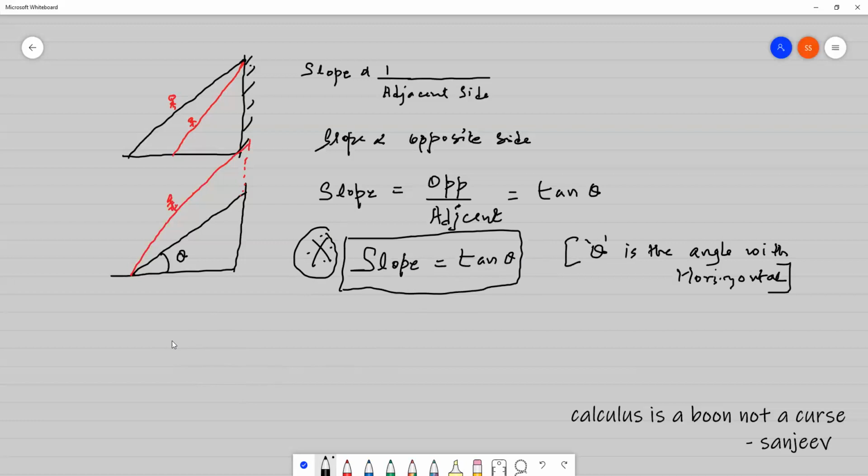Let us take another example here. If I have a line like this, and this angle is theta. If I consider two points on the line, this point is x1 comma y1, and this point is x2 comma y2.